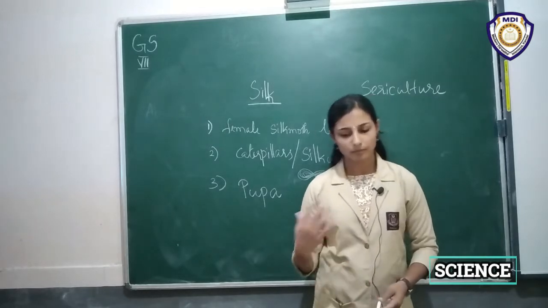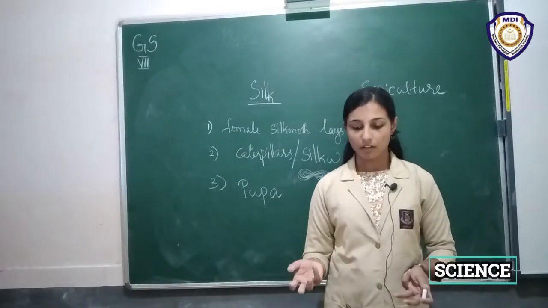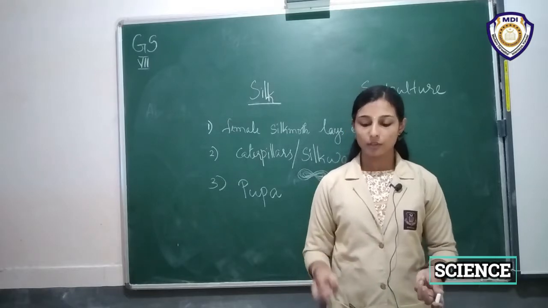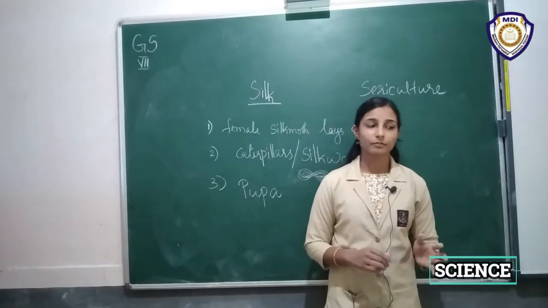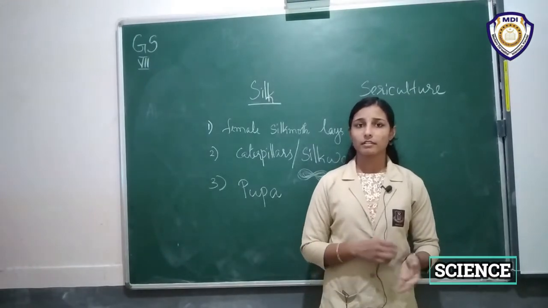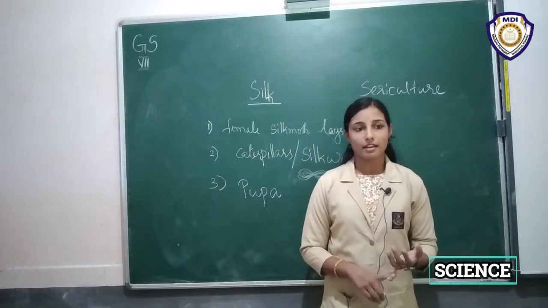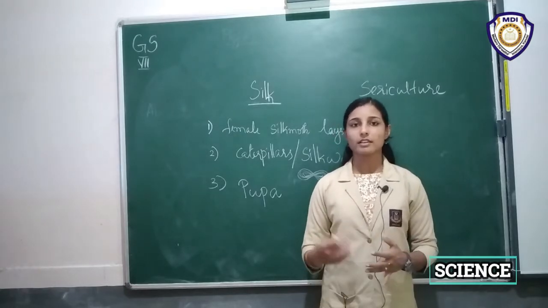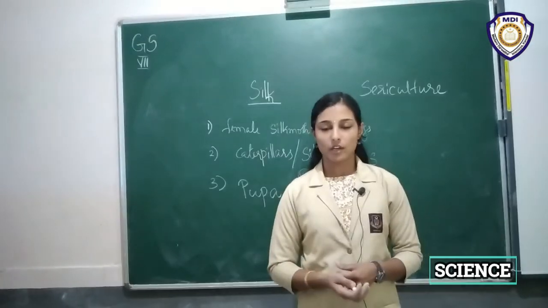So if you get synthetic or artificial silk as well as natural silk, you can do activity 3.6. Suppose there is no chance to get natural silk, artificial silk you can get anywhere. So if you get that, you can do the activity.